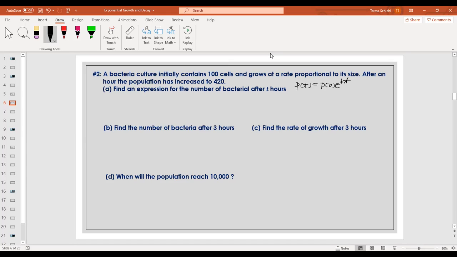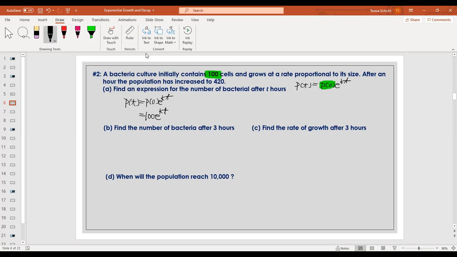Part A asks us to find the expression for the number of bacteria after t hours. So P(t) is equal to P0 e to the kt, and the culture is initially 100, so this 100 is my initial value.